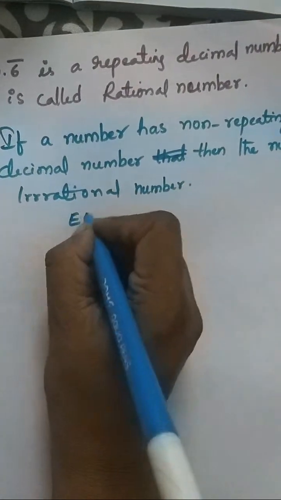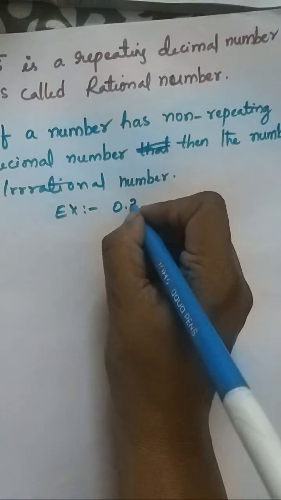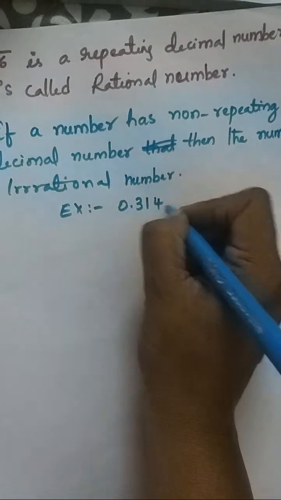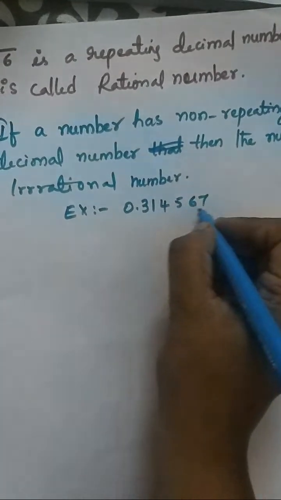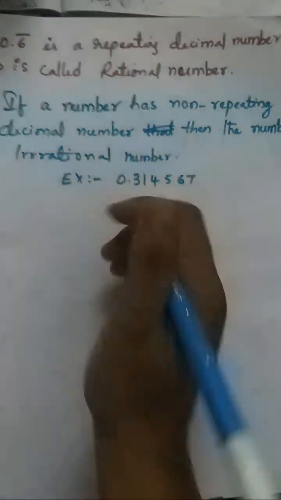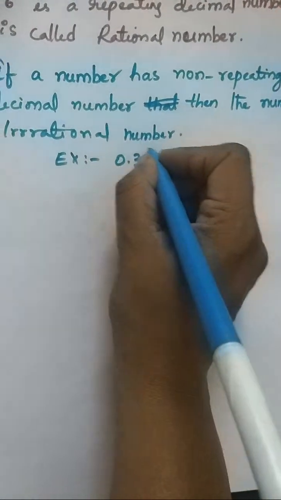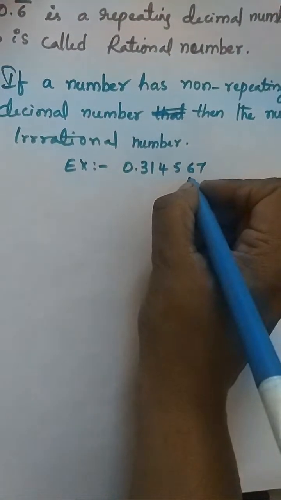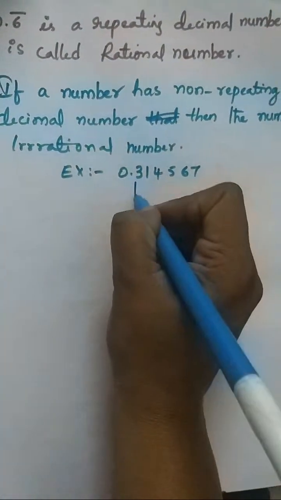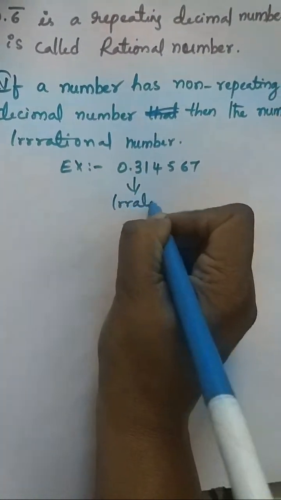For example, 0.314567, these digits are not repeating. Here there is no bar, no repeating decimals, so this number is irrational.